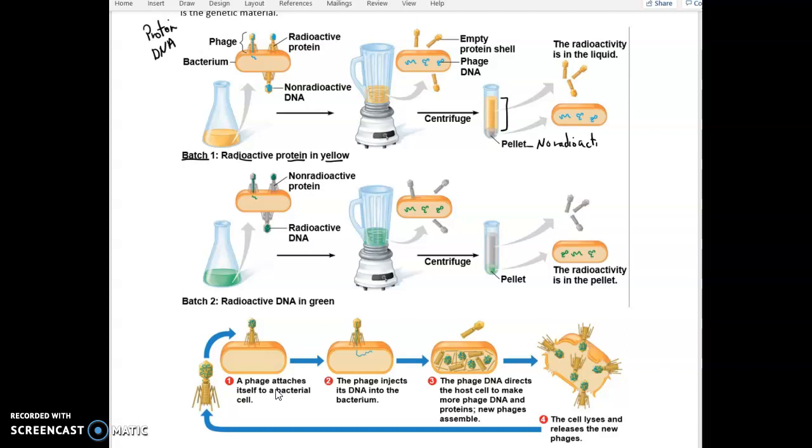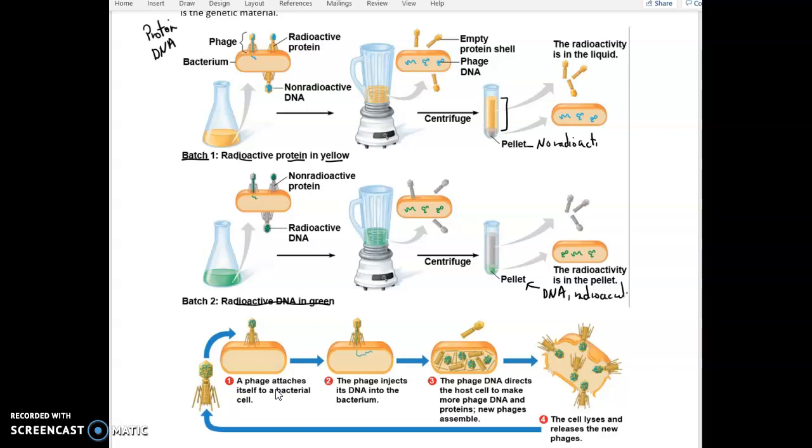When they made the DNA radioactive, however, they found the DNA was associated with the pellet. And the DNA was radioactive, of course. And that is because the DNA was inside of the bacterium.